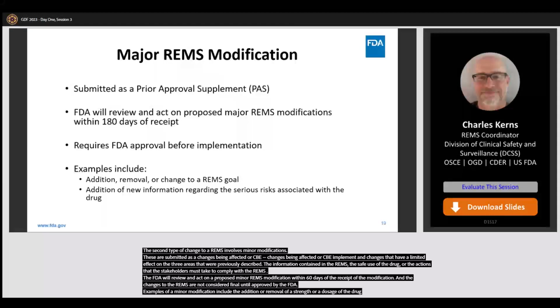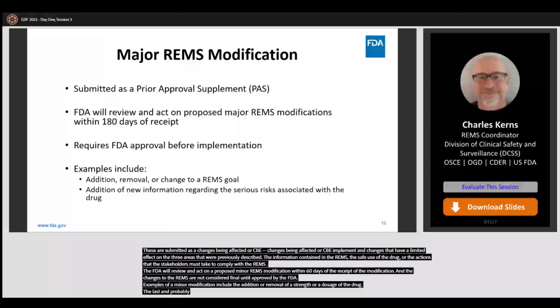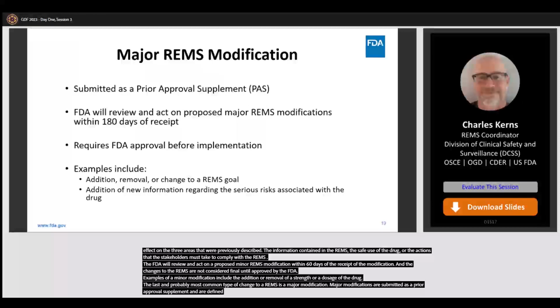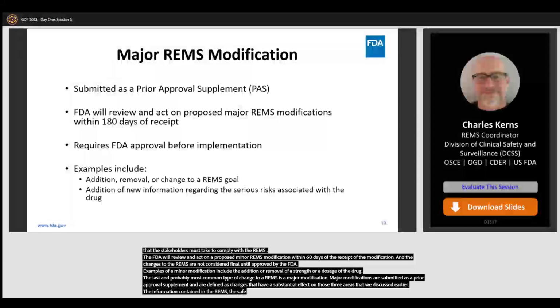The last and probably most common type of change to a REMS is a major modification. Major modifications are submitted as a prior approval supplement and are defined as changes that have a substantial effect on those three areas that we discussed earlier: the information contained in the REMS, the safe use of the drug, or the actions that the stakeholders have to take to comply with the REMS.